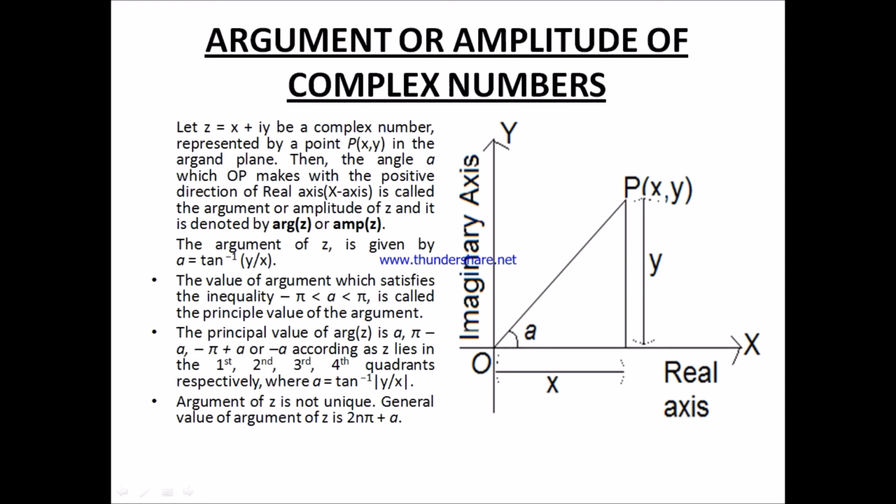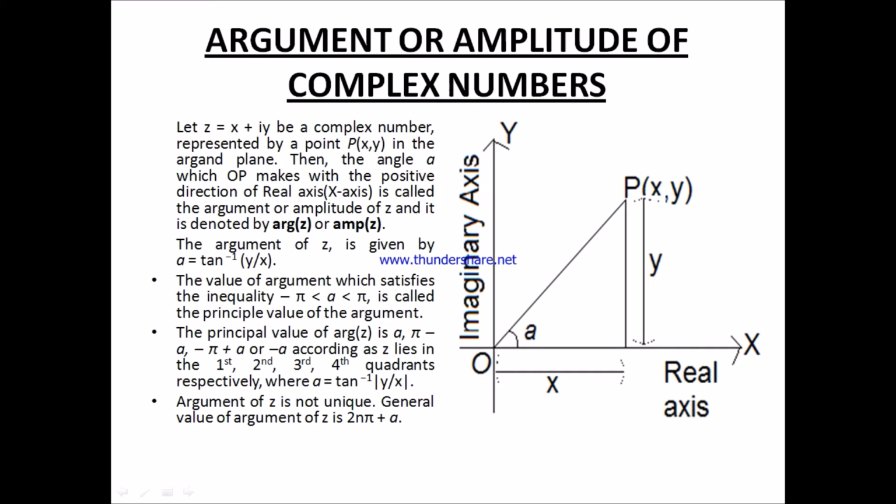So how will we get it? As we can see in the next point, we can get the principal value of the argument of z as alpha, pi minus alpha, minus pi plus alpha, or minus alpha, accordingly as z lies in the first, second, third, or fourth quadrant respectively, where alpha is tan inverse of mod y by x. What does this mean?